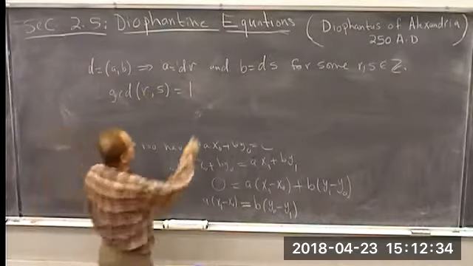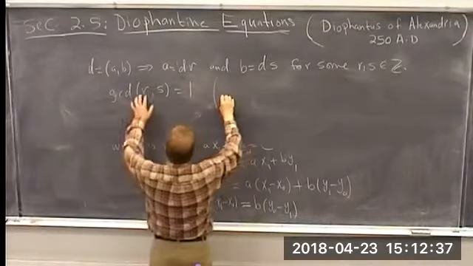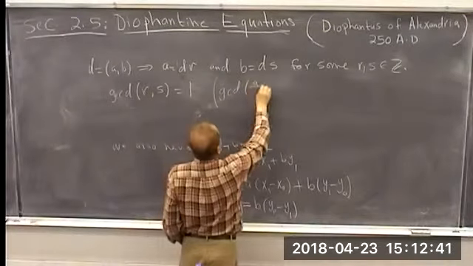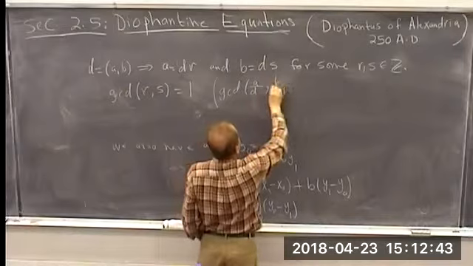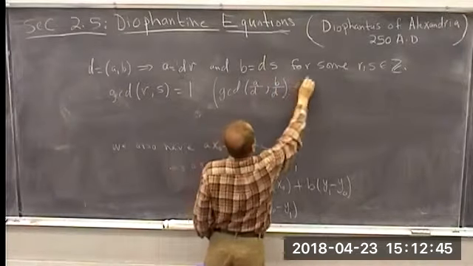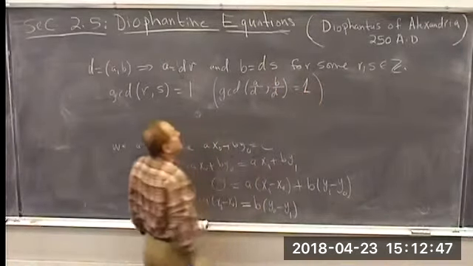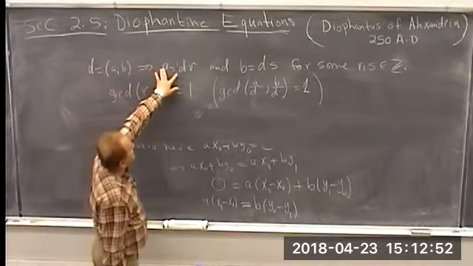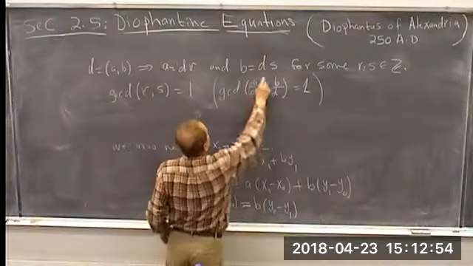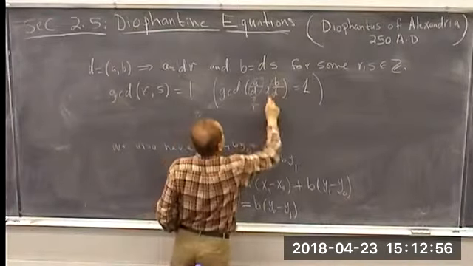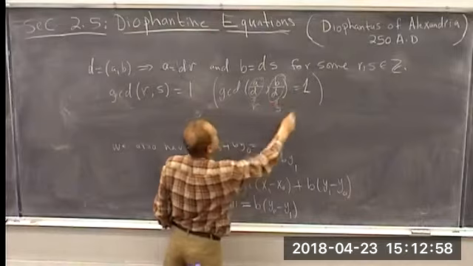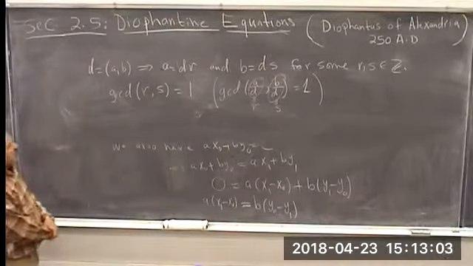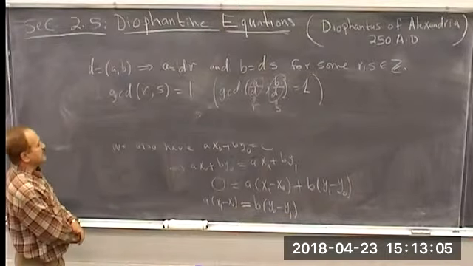Remember, the reasoning for this is because the greatest common divisor of a over d, b over d is equal to 1. And a over d is equal to r, and b over d is equal to s. So after dividing out d, their greatest common divisor is equal to 1.